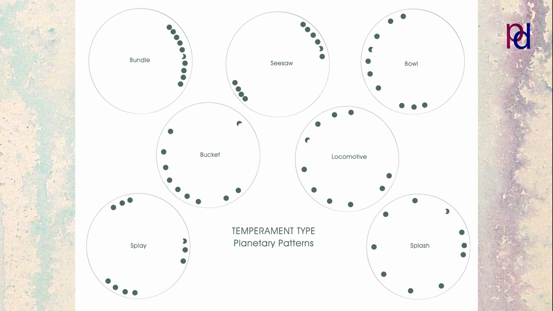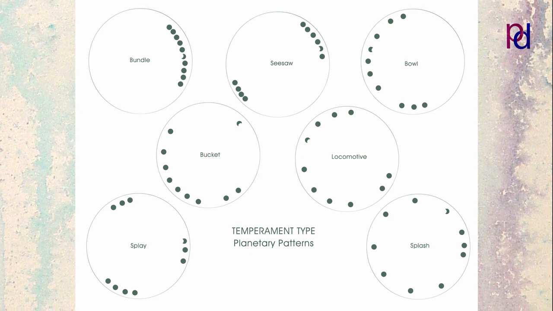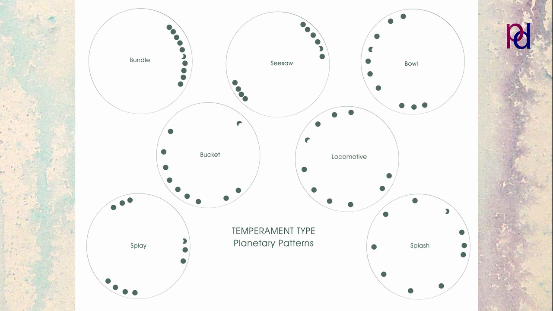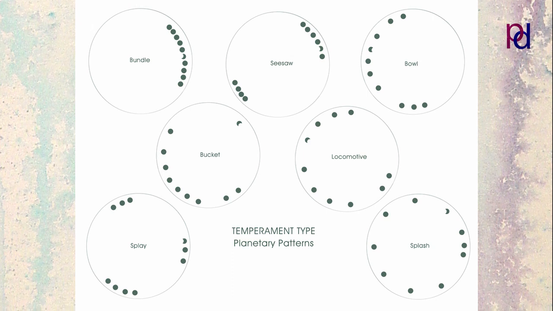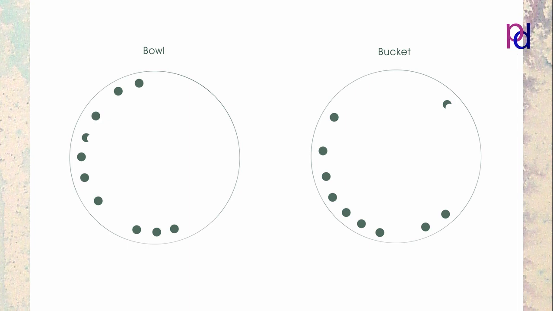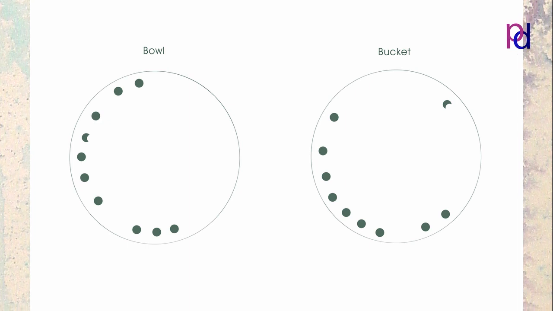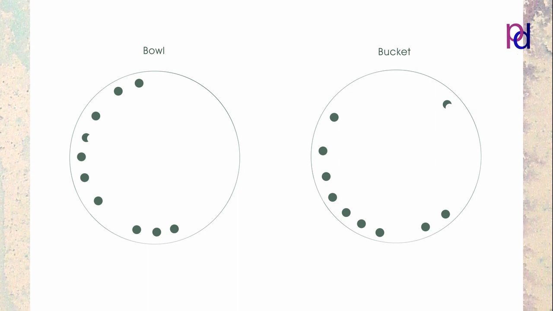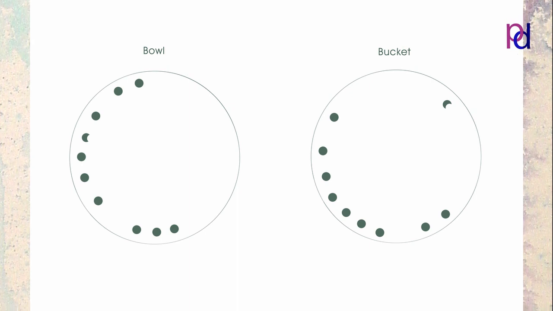But with a bit of analytical work on the chart, the temperament type can be identified and used as a tool to decipher potentials. The simplest transition, from one pattern to another, can be seen in regards to the bowl shape, as it morphs into the bucket pattern and back again into the bowl.